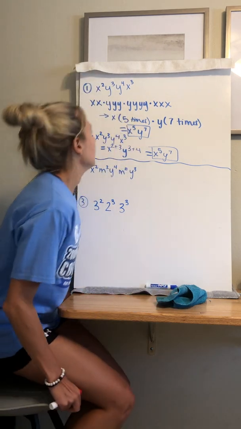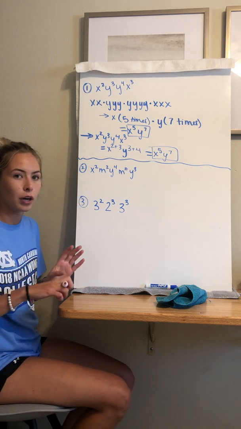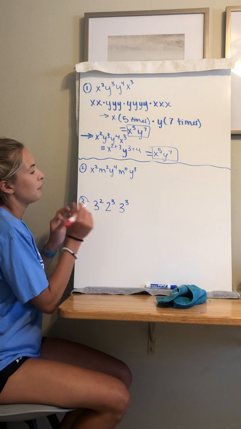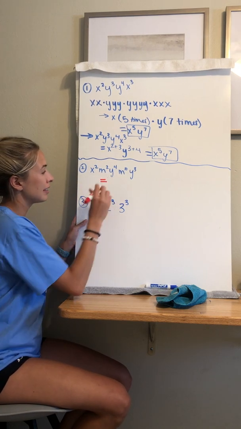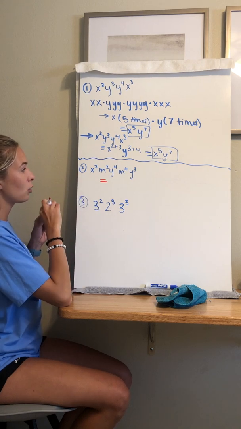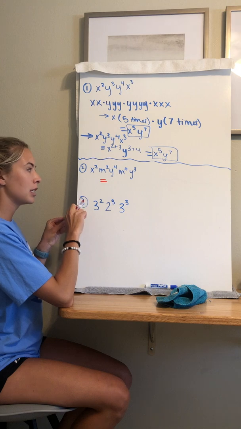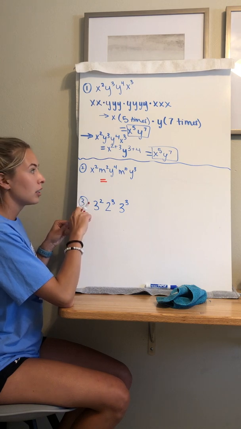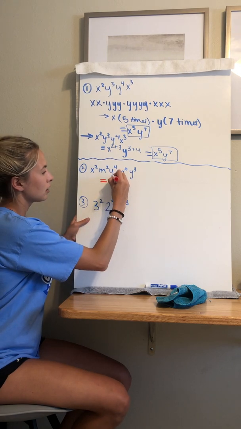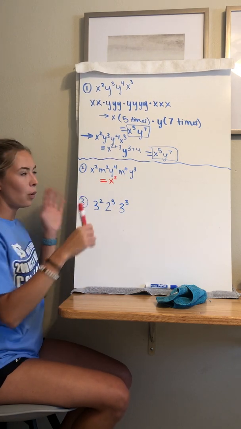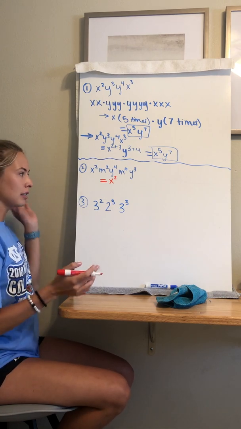Okay. Now looking at 2 and 3, we're not going to expand anymore to double check our work. We're just going to use the rule since we've used it quite a few times now. So using the rule, let's simplify this expression. We have x squared times m squared times y to the 4th times m to the 10 times y to the 3rd. So we have x squared, and notice how there's no other x terms or anything with an x base.